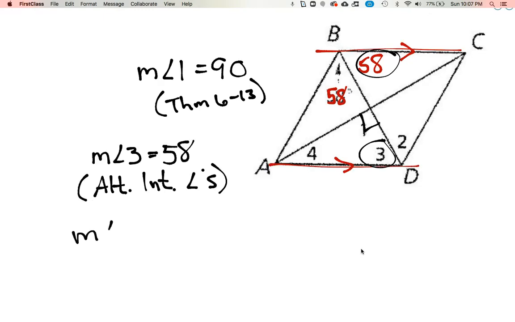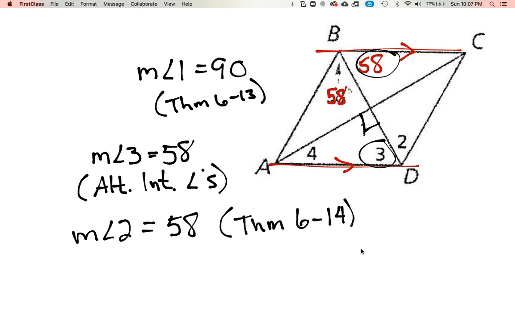And then the measure of angle 2 equals 58, theorem 6.14, because it's a bisector.